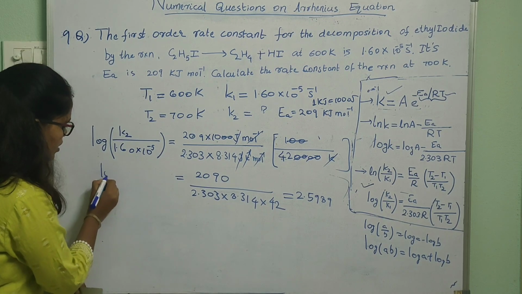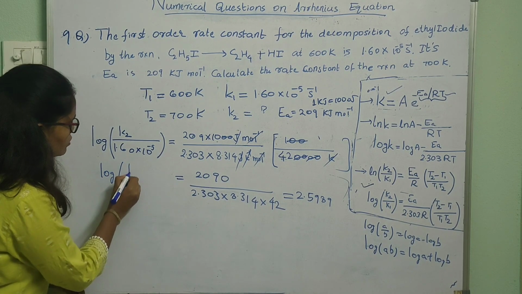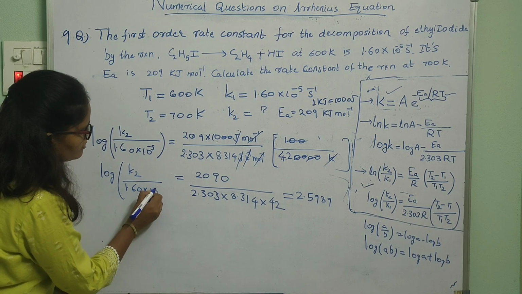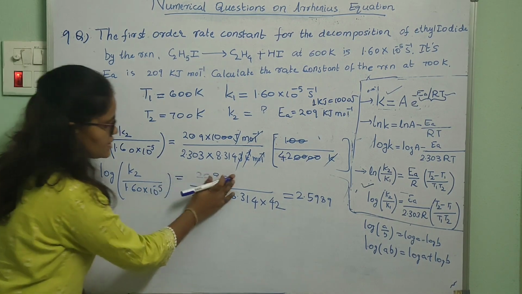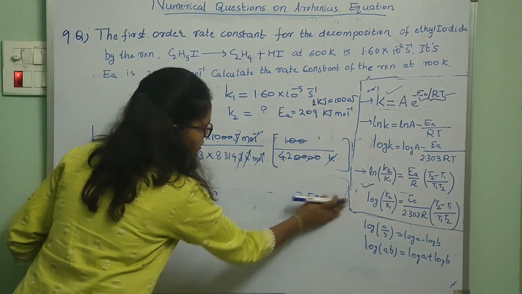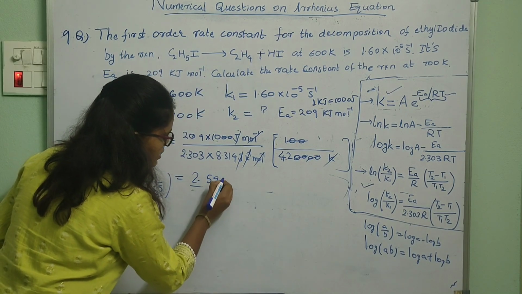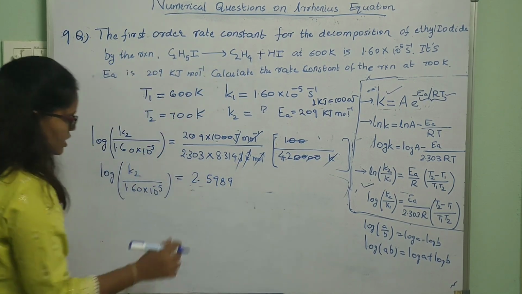So here log K2 by 1.60 into 10 power minus 5 is 2.5989.